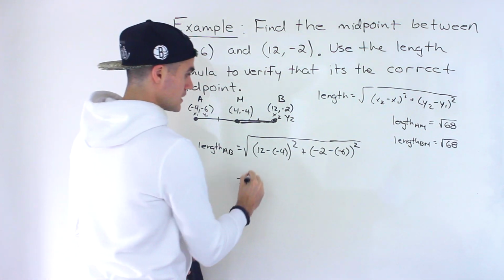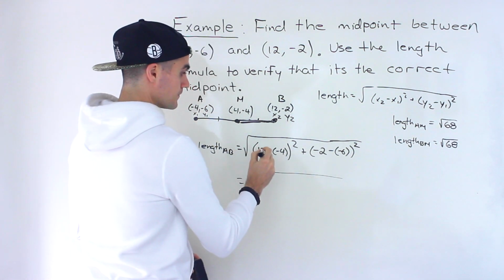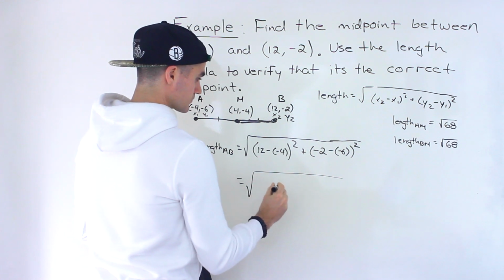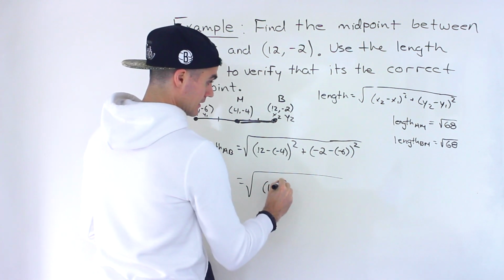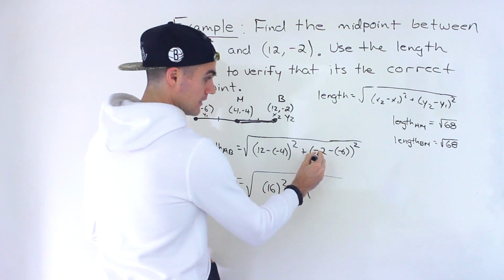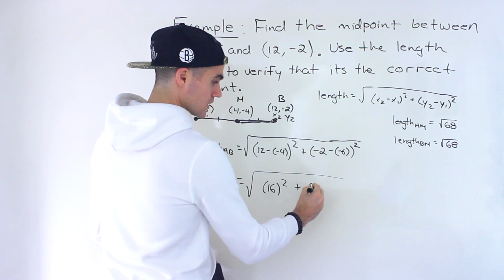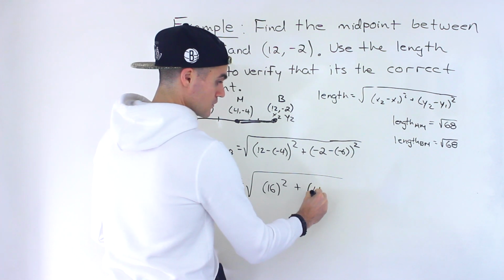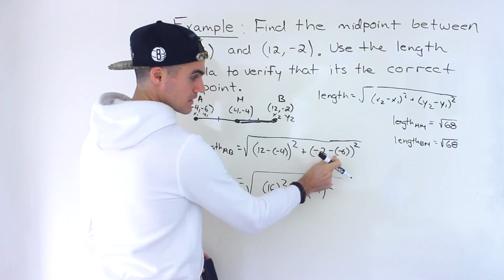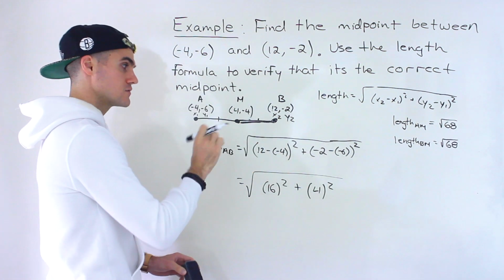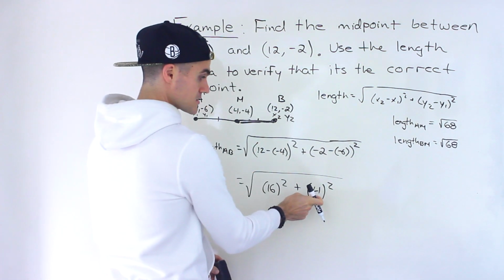So this would end up being what? 12 plus 4, which would give us 16. That's going to be squared. And then we'll have negative 2 plus 6, which would give us positive 4 over here, right? Negative 2 minus negative 6, those two negatives turn into a positive. Negative 2 plus 6 gives us positive 4.